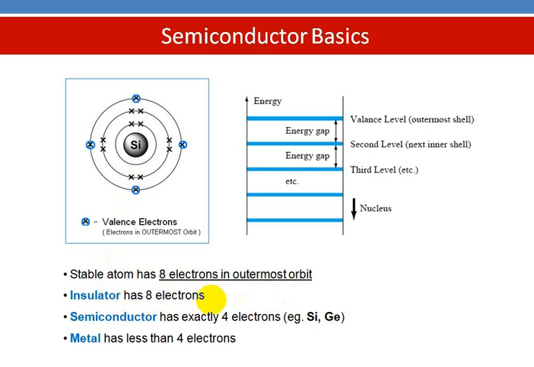So almost they are stable under normal conditions. Whereas in semiconductors, we have exactly 4 electrons, like silicon and germanium. They have 4 electrons in the outermost shell, and metals have less than 4 electrons.